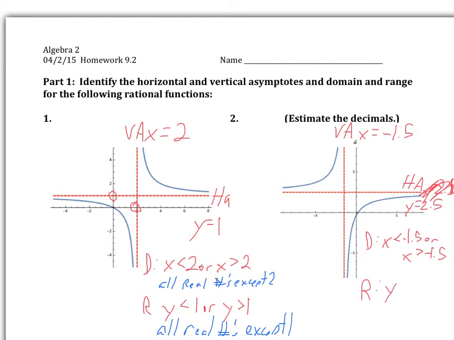We want all the numbers that are smaller than the horizontal asymptote, which is at 2.5. We also say all the numbers greater than 2.5. Don't pay too much attention or be confused by the word or on all of those. That's just the word that we need to use. I could explain that more in detail another time. Just use the word or.